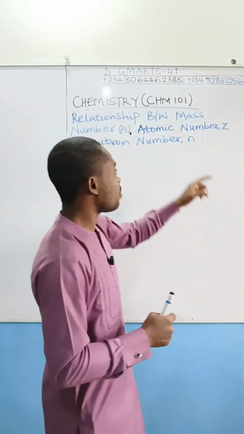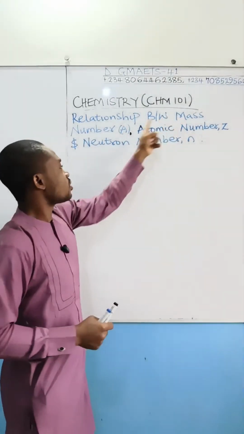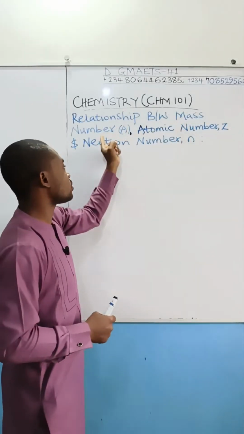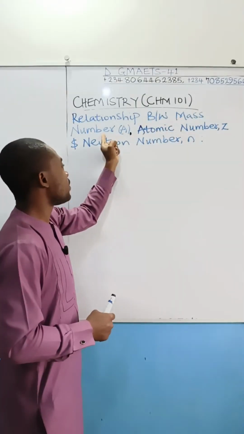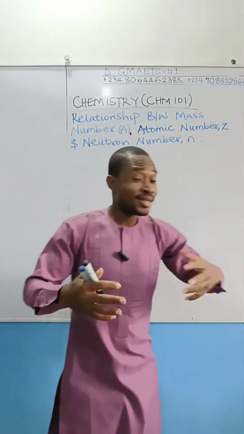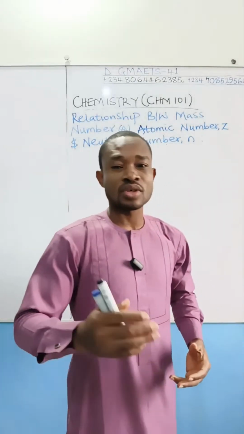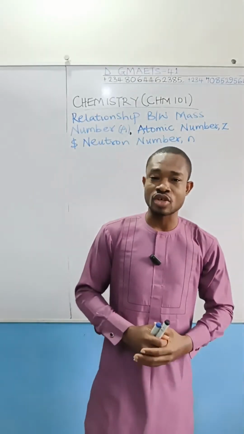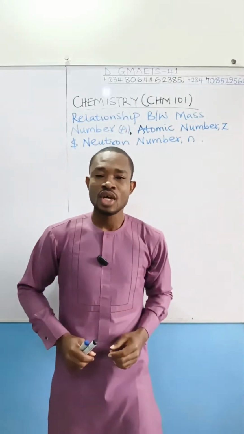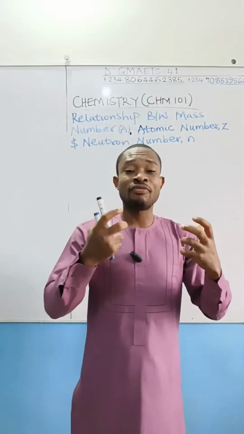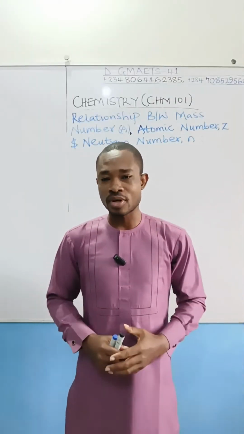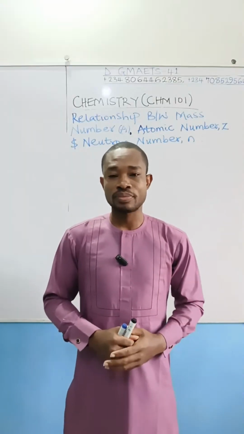So when we talk about mass number, based on what I've just said, the nuclear particles, protons and neutrons, make up the mass, the weight of an atom. It simply means that if we want to get the mass number of an atom, we should be thinking about the fundamental particles in the nucleus, which are the protons and the neutrons.